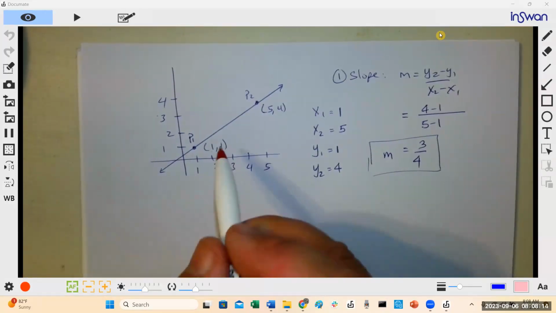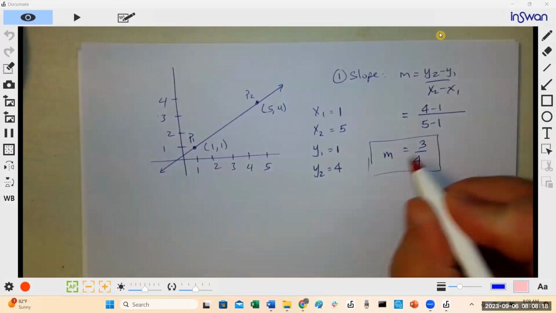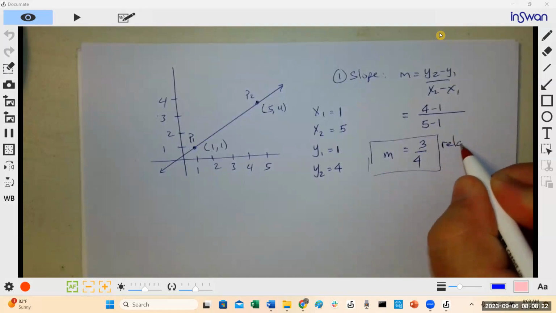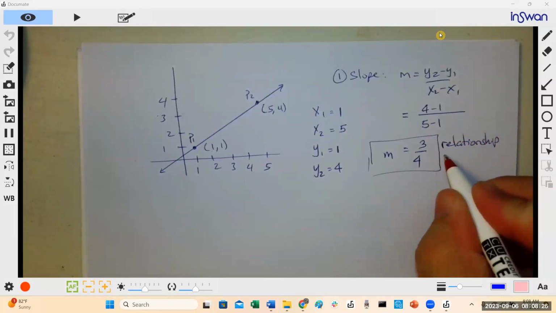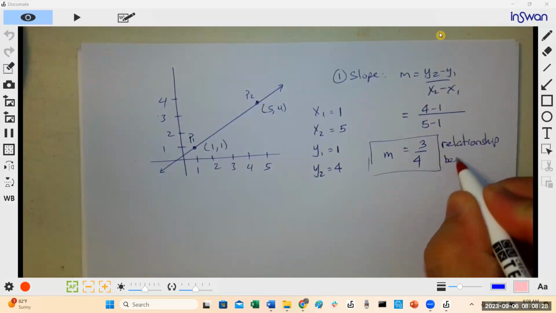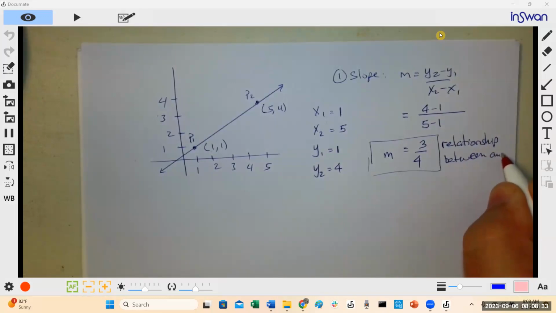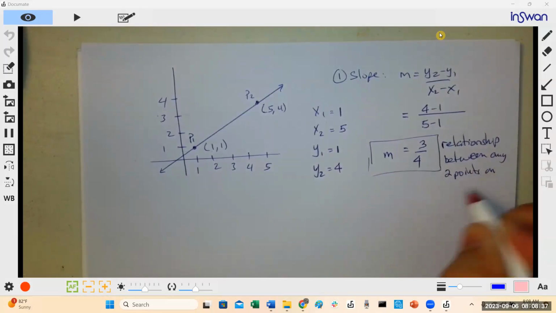But what does it mean with respect to our graph? What this means is the relationship between any 2 points on the graph.